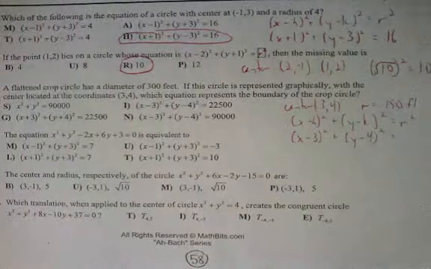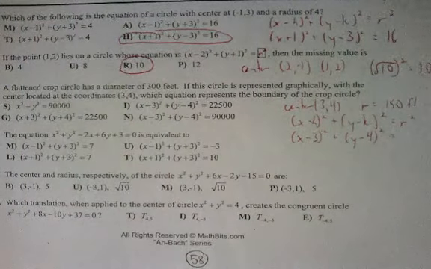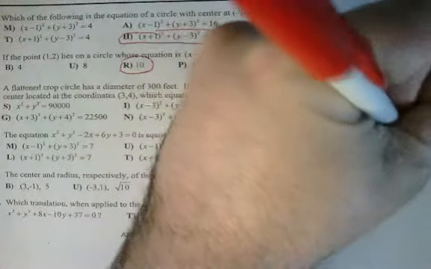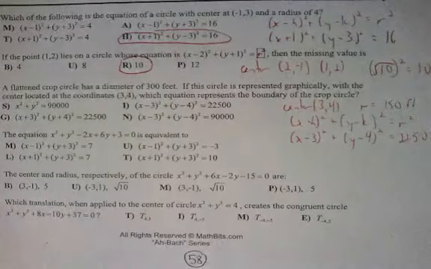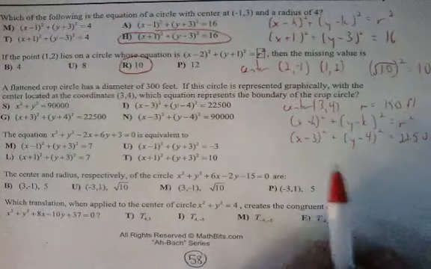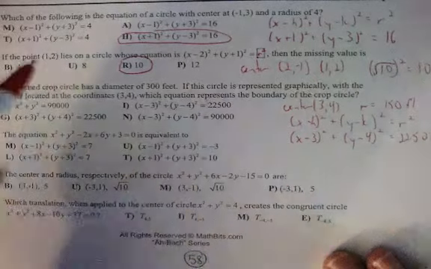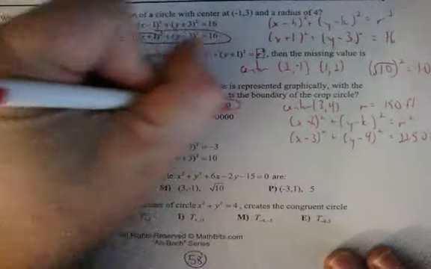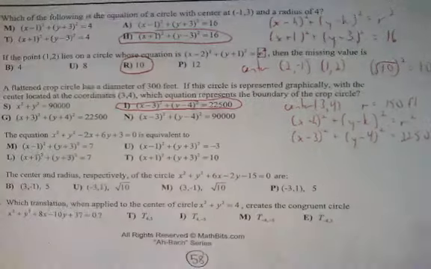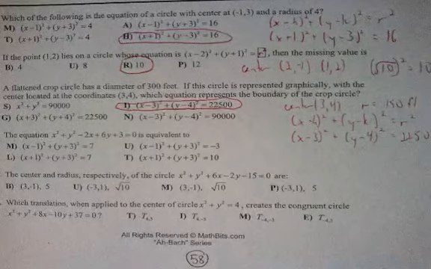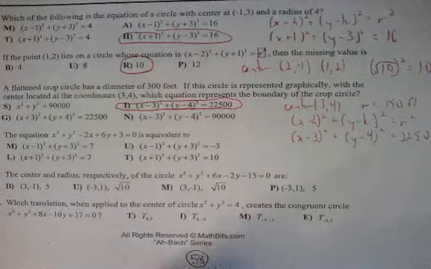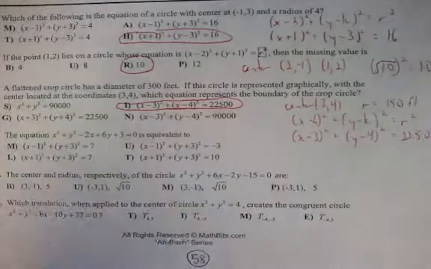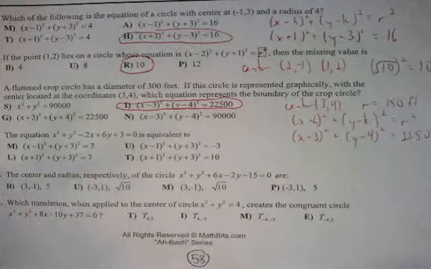So if you take 150 and square it, 150 raised to the second power, it would be 22,500, which corresponds with choice letter, I should say, I. Okay, so those are the answers to the first 3.